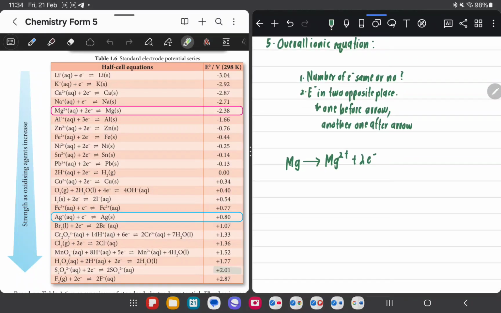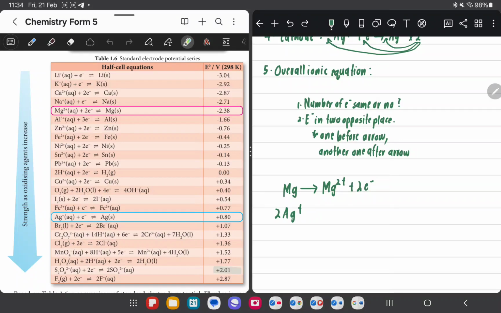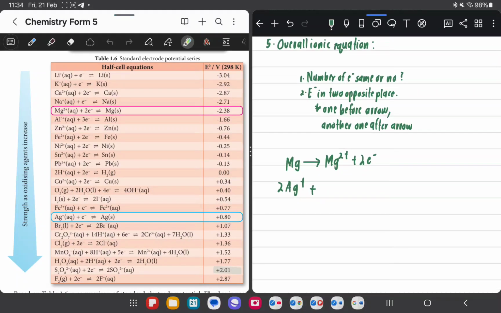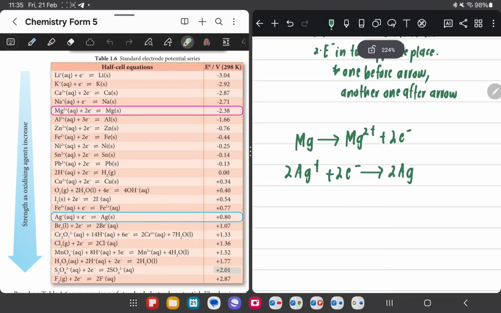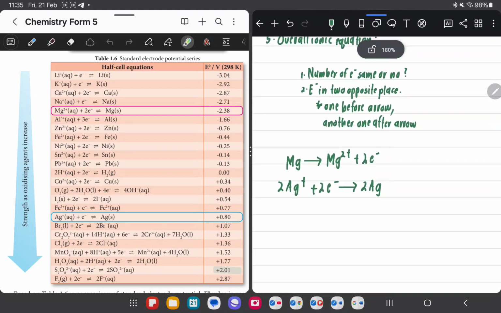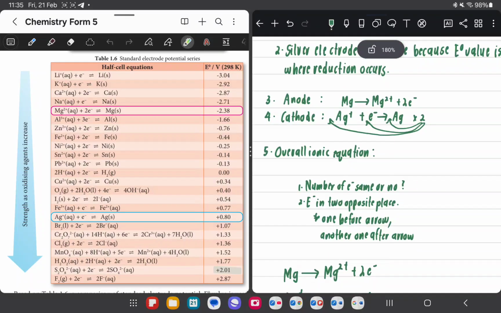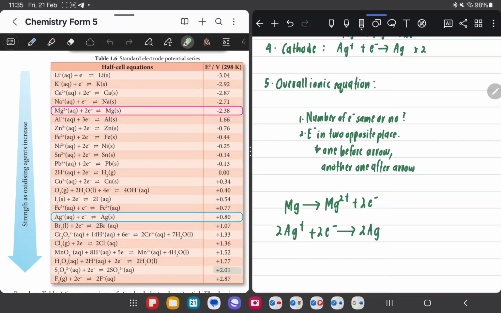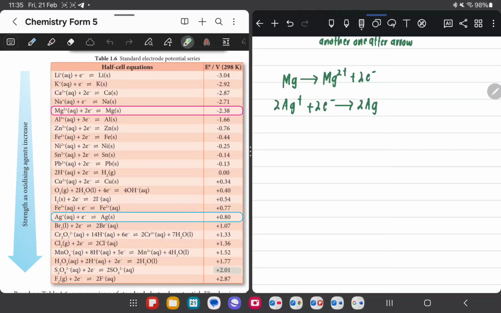And then the lower one I times by 2, so 2Ag plus plus 2 electrons produces 2Ag. So these are your half equations, both of which compile the overall ionic equation. But this one you don't change, it just remains the same. You just follow whatever you did here. You just leave your half equation like this. You only apply it when it becomes the overall ionic equation part.